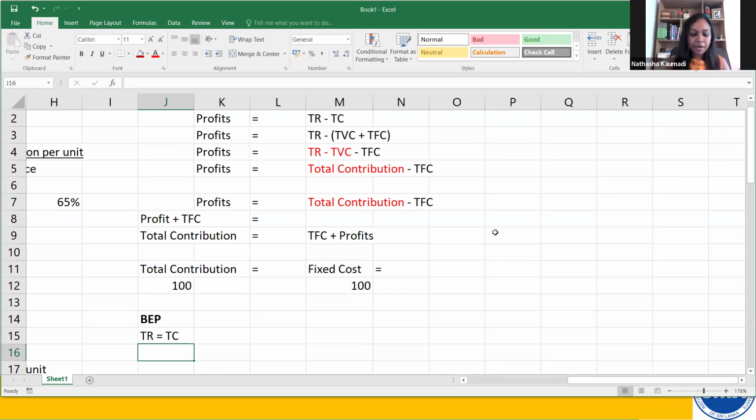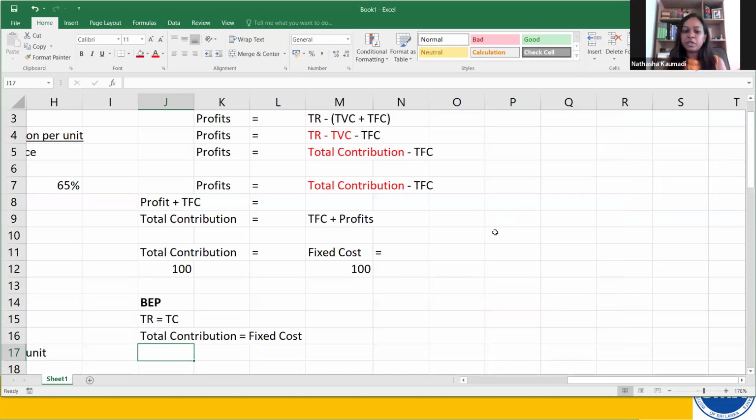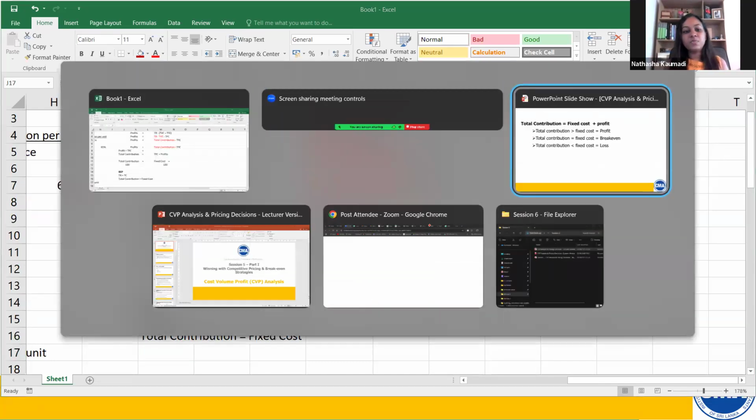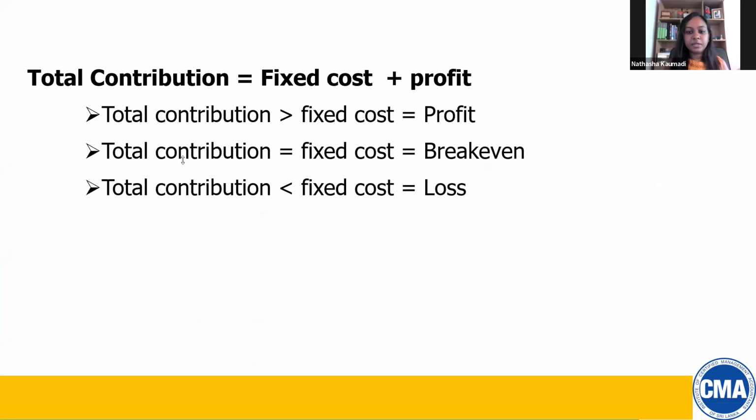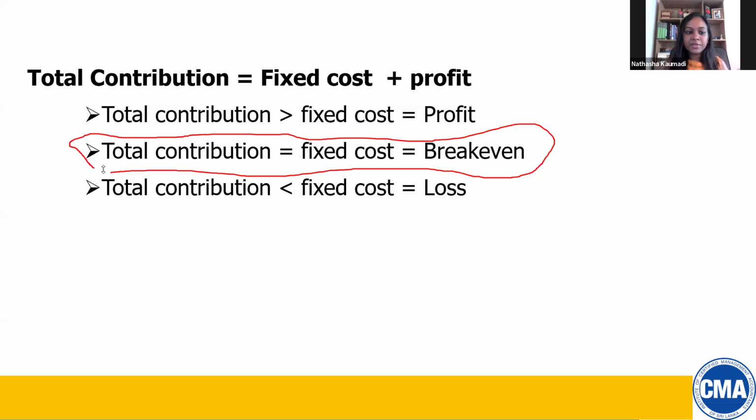Break-even point is where total contribution equals fixed cost. That is the break-even. Right. So are you clear with these concepts?